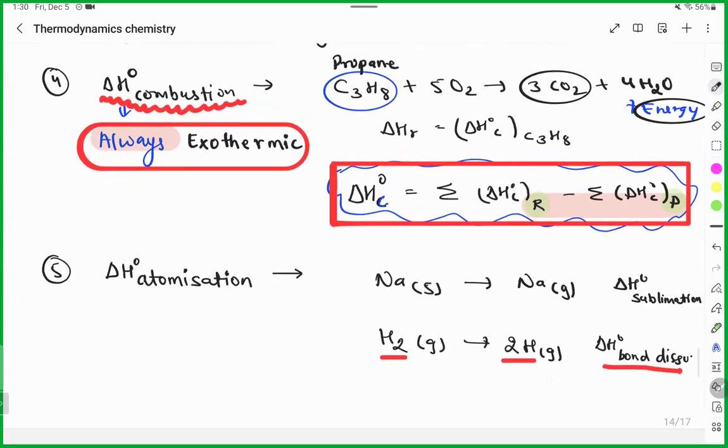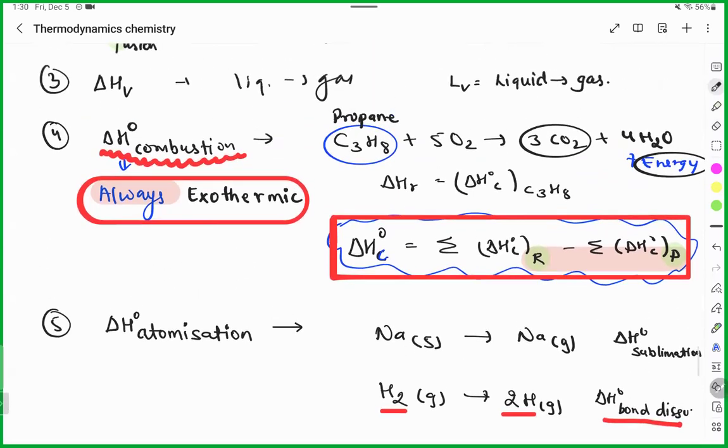What are the conditions in which, when you calculate energy, it is reactant minus product?